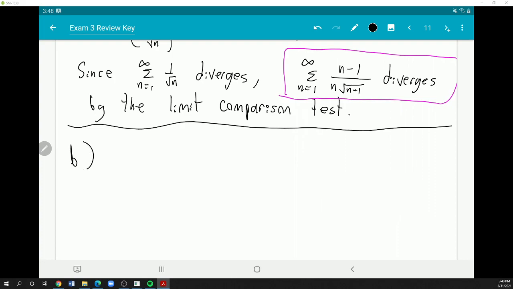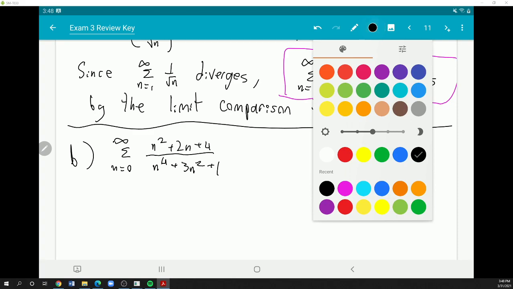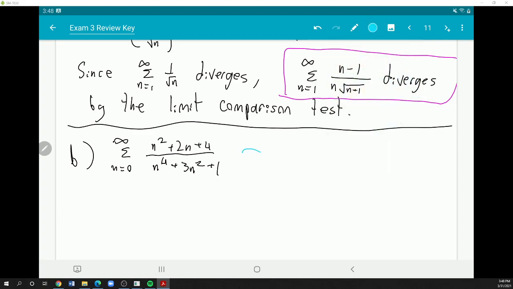So part B, we have this really gross looking one. Sum n equals 0 to infinity of n squared plus 2n plus 4 over n to the 4th plus 3n squared plus 1. Same story. I imagine when n gets really big, on top it's really just going to be n squared.